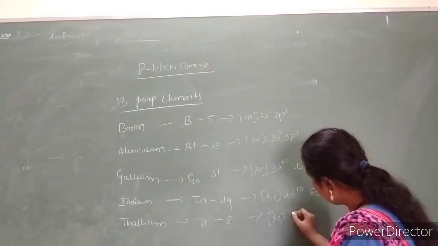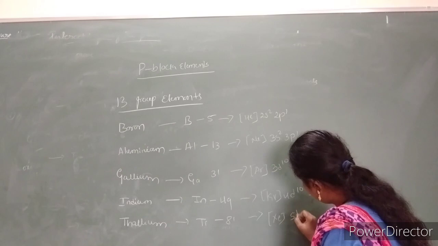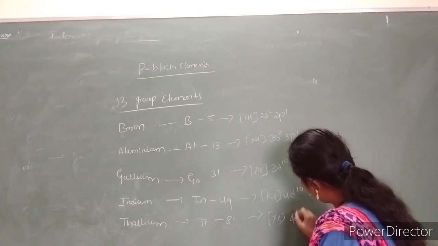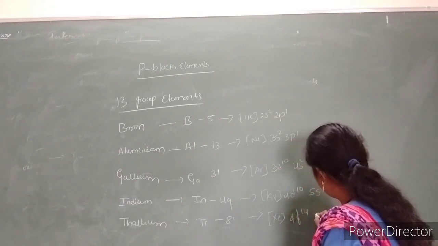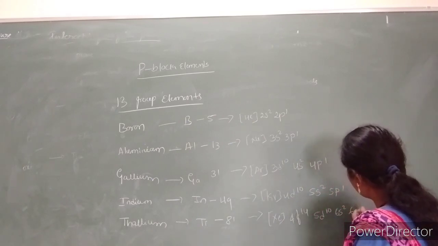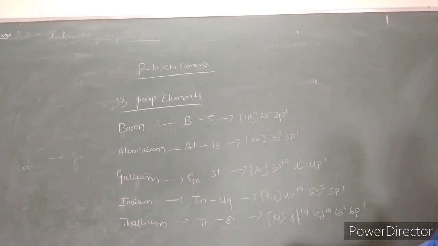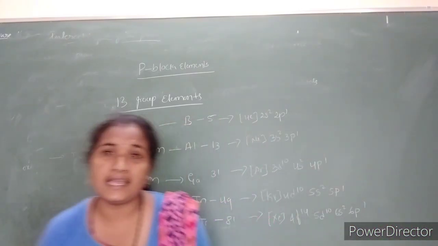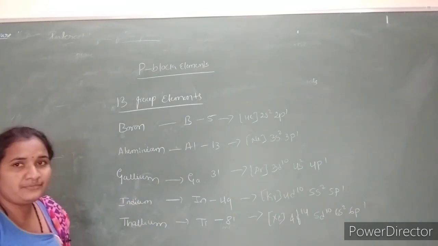So 54, 4f14, 5d10, 6s2, 6p1. So 54 plus 14 plus 10 plus 3, total 81. So in this way the electronic configuration of these group 13 elements differs whenever we see the inner core.